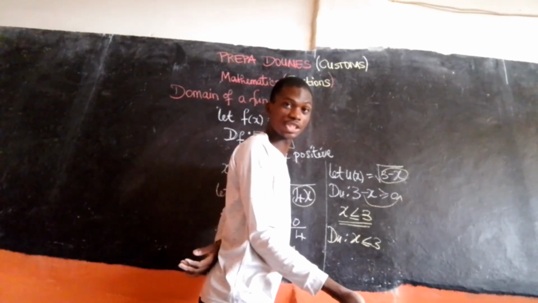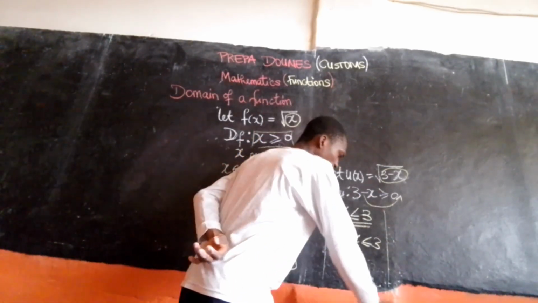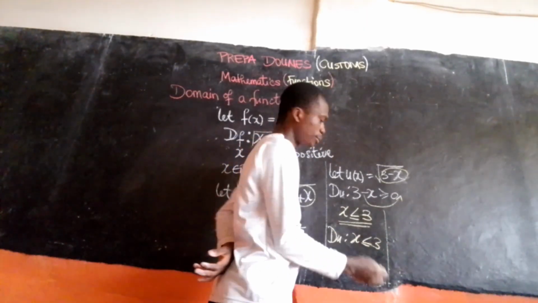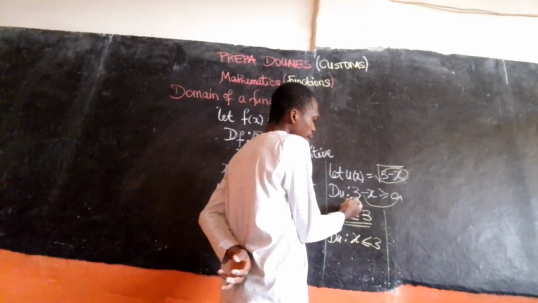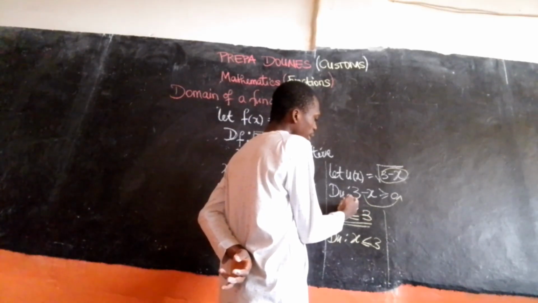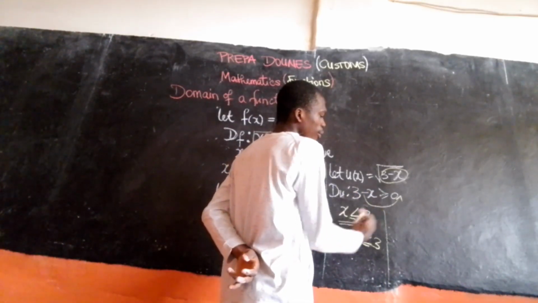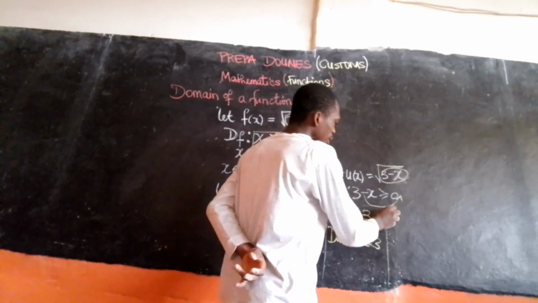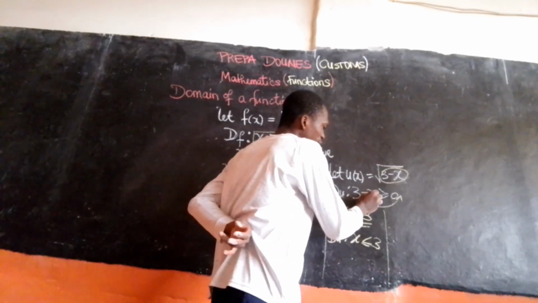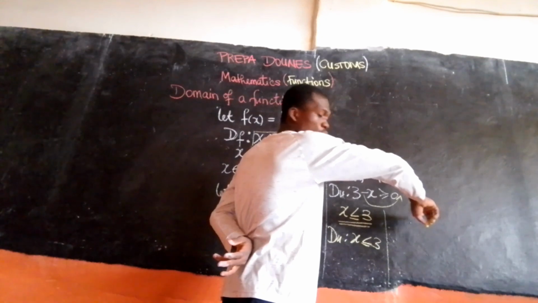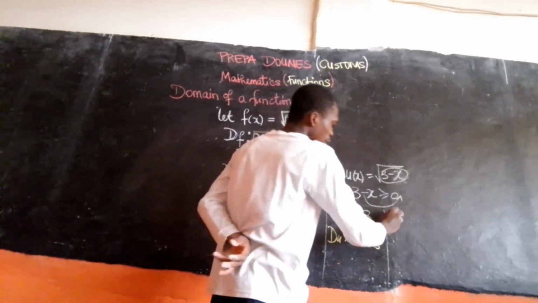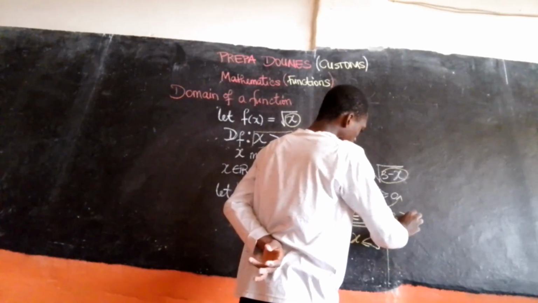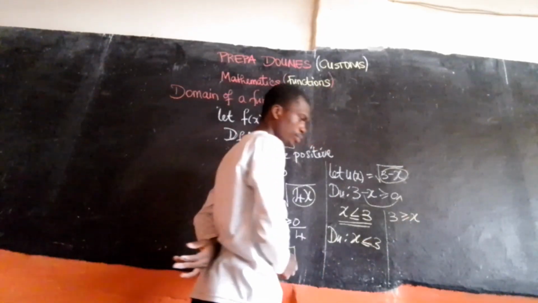Notice that the sign has changed. If you don't know how to evaluate inequality and you don't know why the sign has changed, let me explain. This is 3 minus x greater than or equal to 0. So what I can do is take this negative x to the right hand side, and it becomes 3 greater than or equal to x.